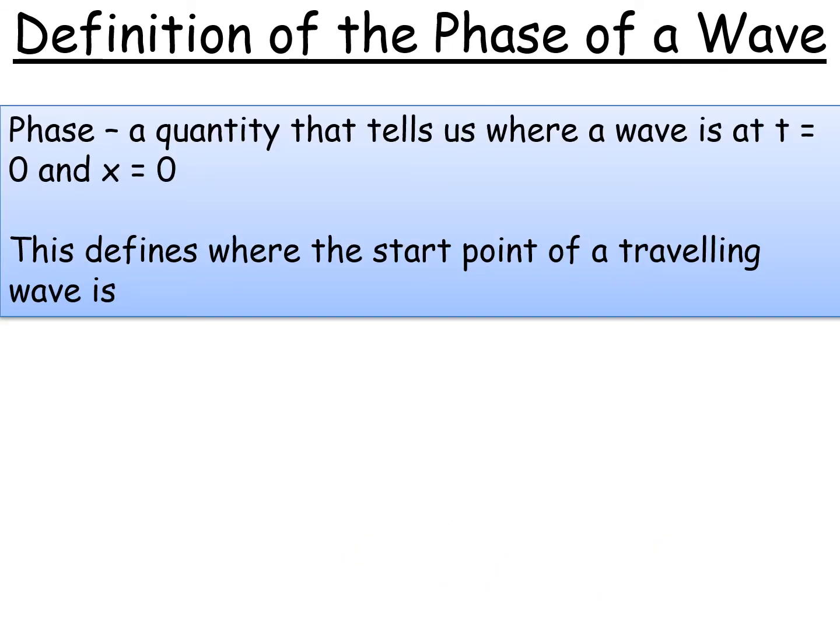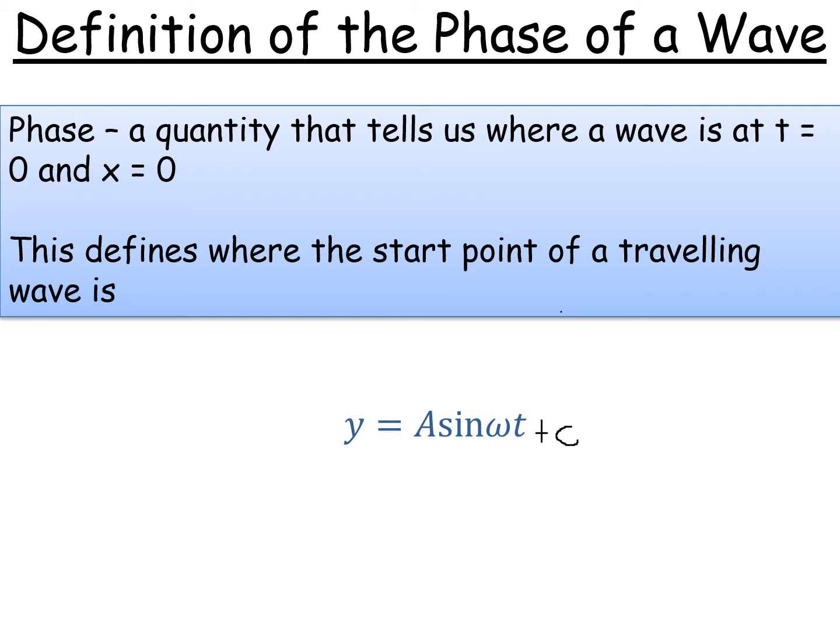So, first of all, let's introduce this quantity of a phase. This is simply a quantity that tells us where a wave is at time t equal to 0 and x equal to 0. So this defines where the starting point of a wave is. For example, if we think about our simple harmonic motion, we had y equals a sin(ωt). In this case, the phase is actually 0 because it's starting at time 0 and x equals 0.